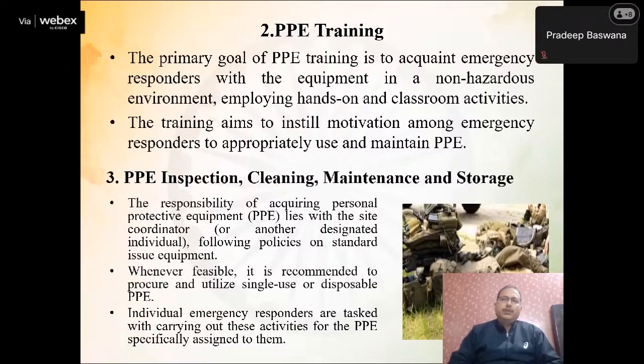Similarly, when you have seen the arrangements of any paramilitary force or police force or armed forces, designated equipment is in the hands of the responders, say policemen or armed forces. So they know how to handle the equipment which they regularly practice. Similar is the case with PPE: whosoever is handling it regularly should easily understand what could be done and how to assess or inspect the PPE they are going to utilize.